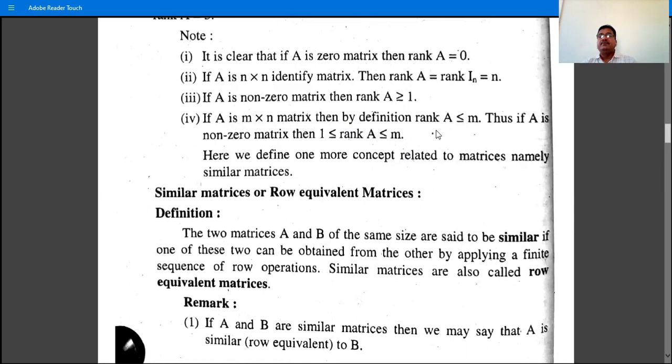Therefore the rank of any matrix is less than or equal to the number of rows in that matrix. If A is a non-zero matrix, then the rank of A is less than or equal to m and greater than or equal to 1. That is, the rank of any matrix is less than or equal to the number of rows in that matrix, and is greater than or equal to 1 if the matrix is a non-zero matrix.